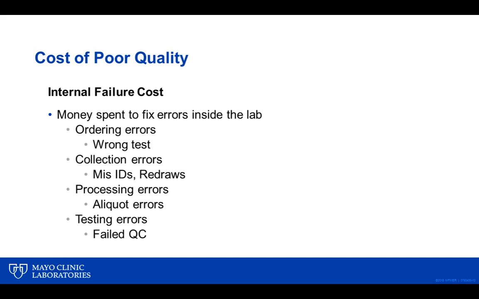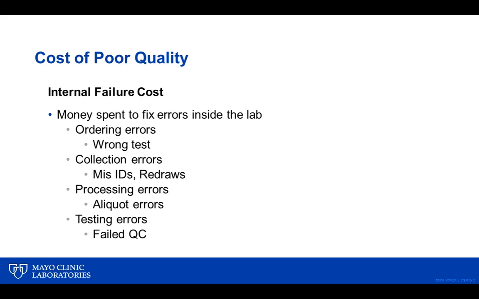Testing errors. So when the specimen is already in the testing lab, any errors that you can get, like the example that I have here, the failed QC. If you don't monitor your QC and your QC fails, that is results that cannot be trusted.